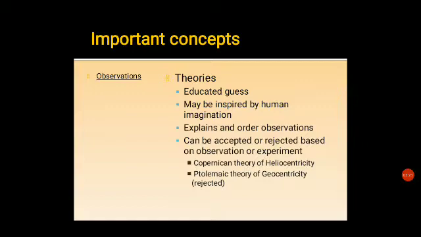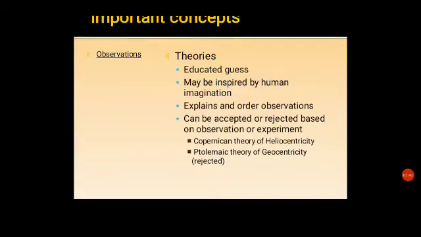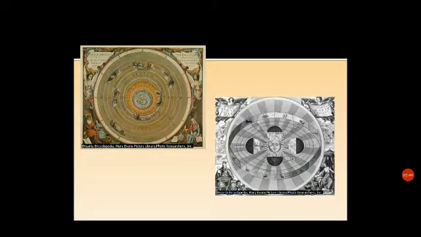One of them is Copernicus. Based on facts, he came up with a theory of heliocentricity, meaning the sun is the center of the solar system. So the Ptolemaic theory is rejected, and now the Copernican theory is accepted.